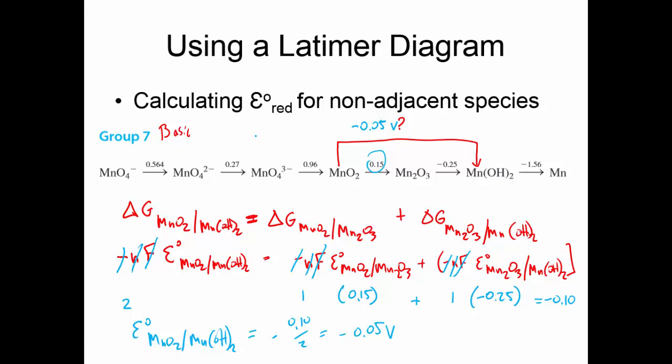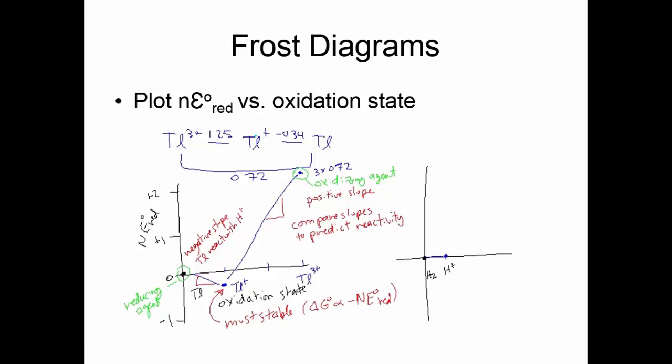Now another way of presenting the redox information is through a Frost diagram. So here we have the Latimer diagram, which is very compact and contains a lot of information. The Frost diagram plots the number of electrons transferred times the standard reduction potential versus the oxidation state to graphically represent what's happening.